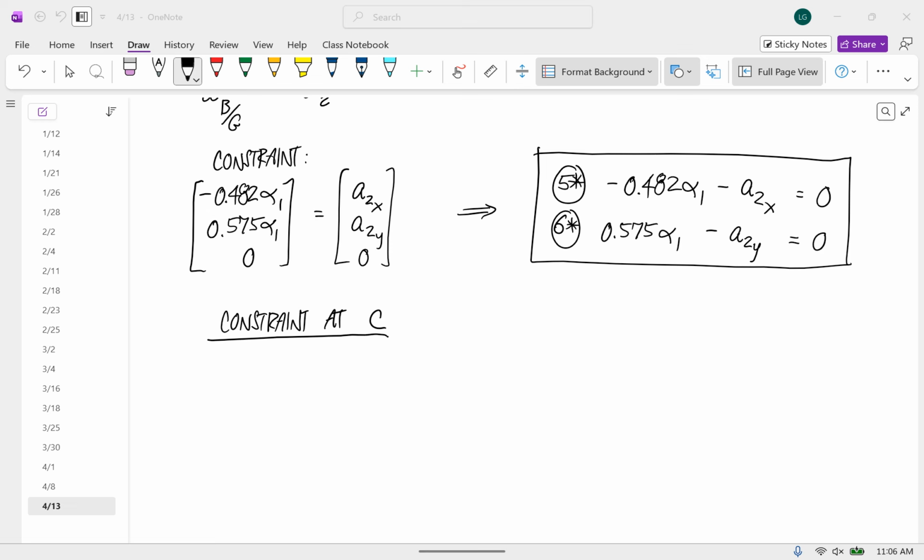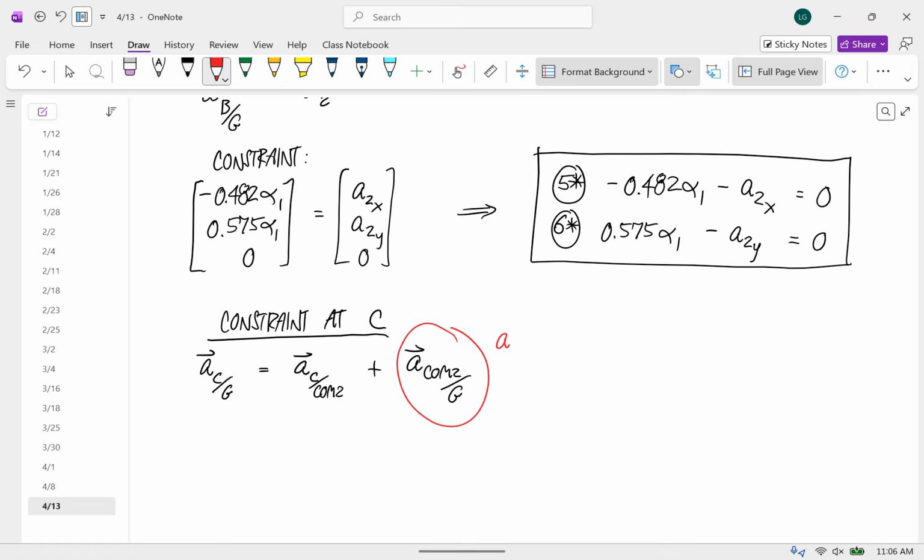It does not, and so we're going to have to use relative motion. So the acceleration of C relative to the ground is equal to the acceleration of C relative to the center of mass of 2 plus the acceleration of the center of mass of 2 relative to the ground. And this is A2. And this is the watermelon equation.